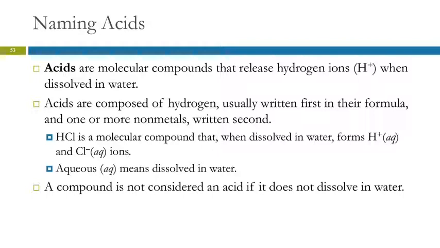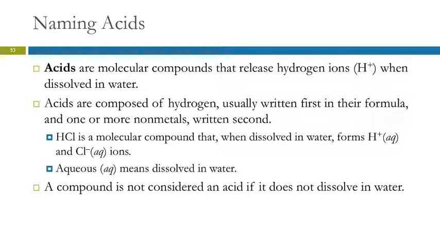When we put them in water, they release hydrogen ions, so when they're dissolved in water, we name them as acids. We can recognize acids from their formula because they always have hydrogen, and the hydrogen is generally written first in the formula. So if you look at a formula and it starts with H, that's probably an acid.